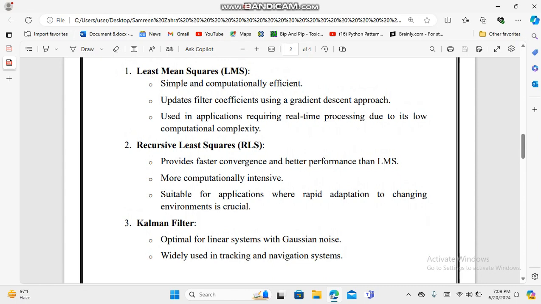Second, recursive least squares provides faster convergence and better performance than LMS. It is more computationally intensive. It is suitable for applications where rapid adaptation to a changing environment is critical. Kalman filters are optimal for linear systems with Gaussian noise, and they are widely used in tracking and navigation systems.